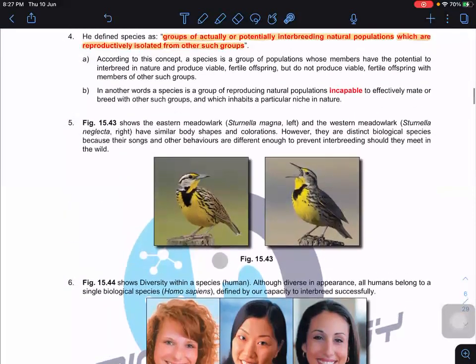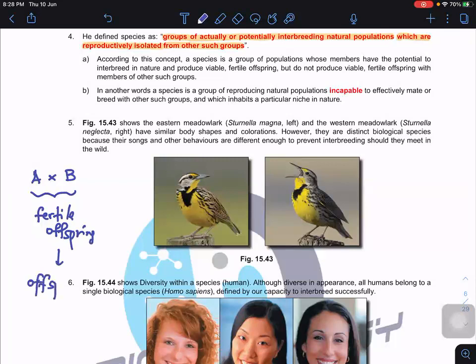So based on what do we place them as the same species or not? We allow them to interbreed. If organism A and organism B, when we cross them and ask them to interbreed, can produce fertile offspring, then A and B belong to the same species. What does fertile offspring mean? It means that the offspring can produce their own offspring.